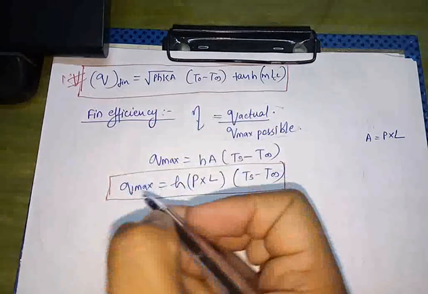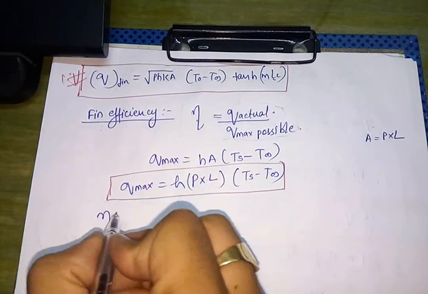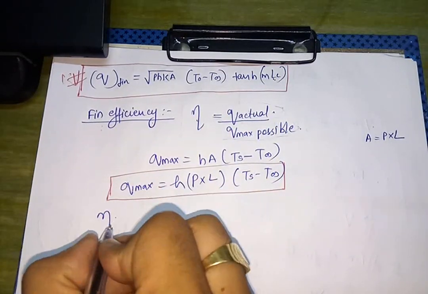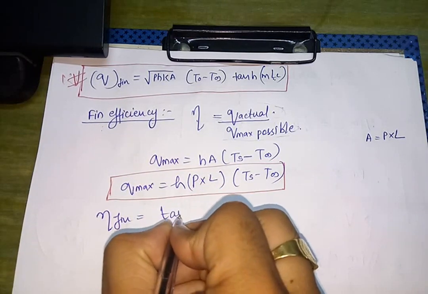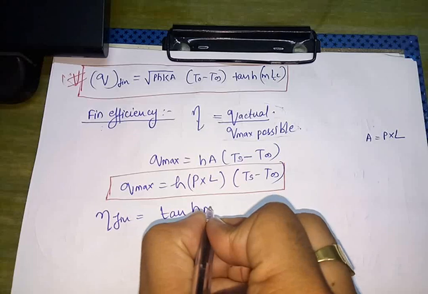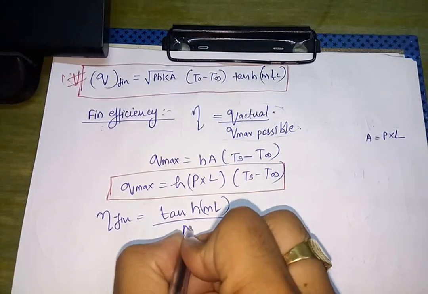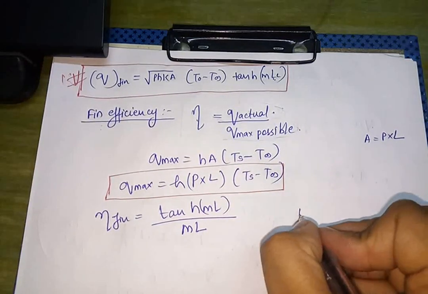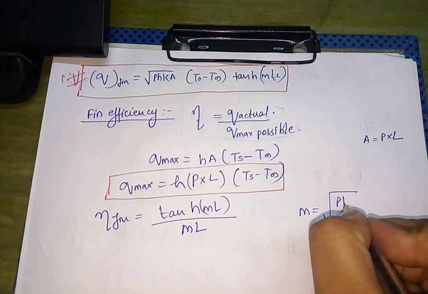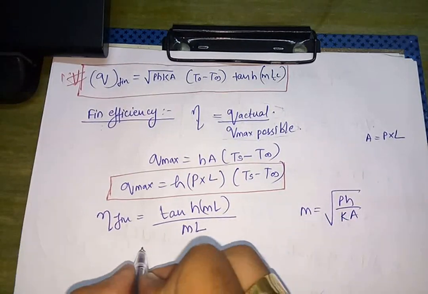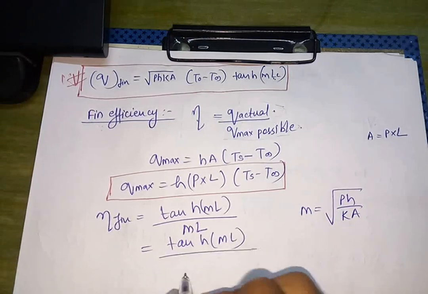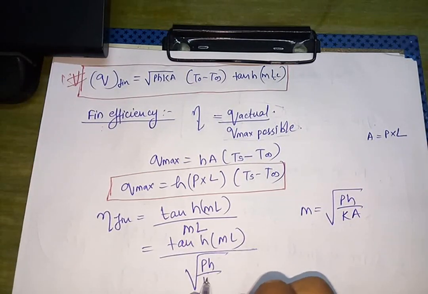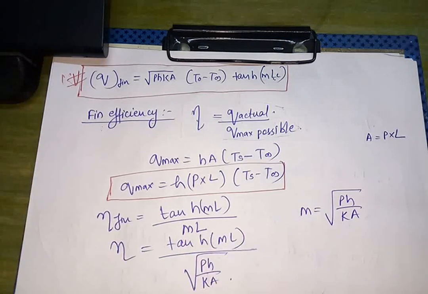Now I am generally writing the direct formulas because derivation is not important. Efficiency of the fin equals tanh(ml) upon ml, and we know that m is equal to under root hP upon kA, so this becomes tanh(ml) upon under root hP upon kA.